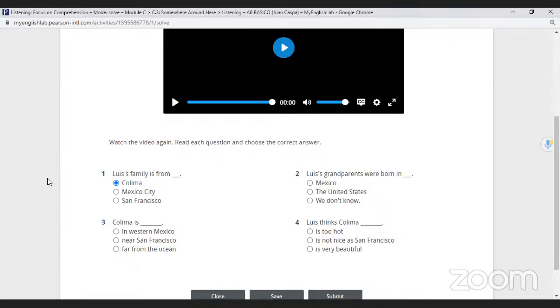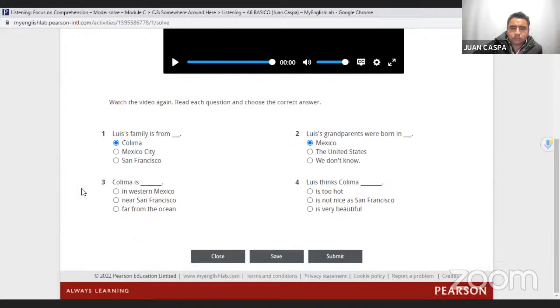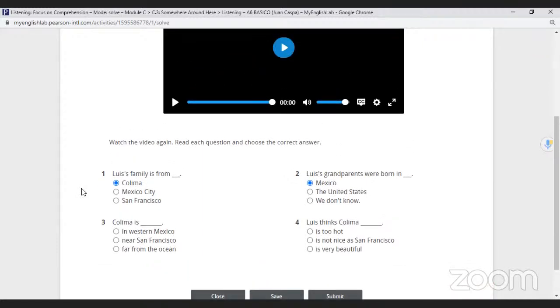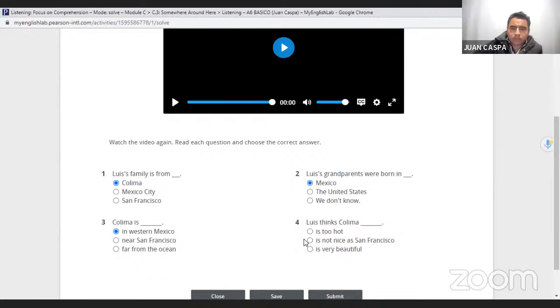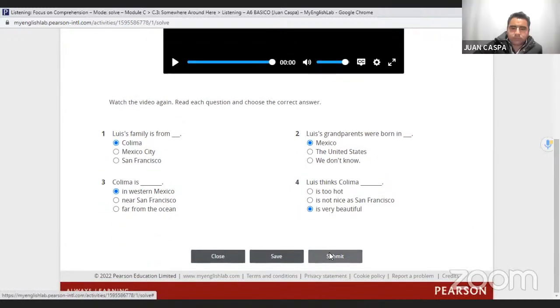Luis' grandparents were born in Mexico. Number three. Colima is in western Mexico. Okay, got it. And number four. Luis thinks Colima is very beautiful. Okay.